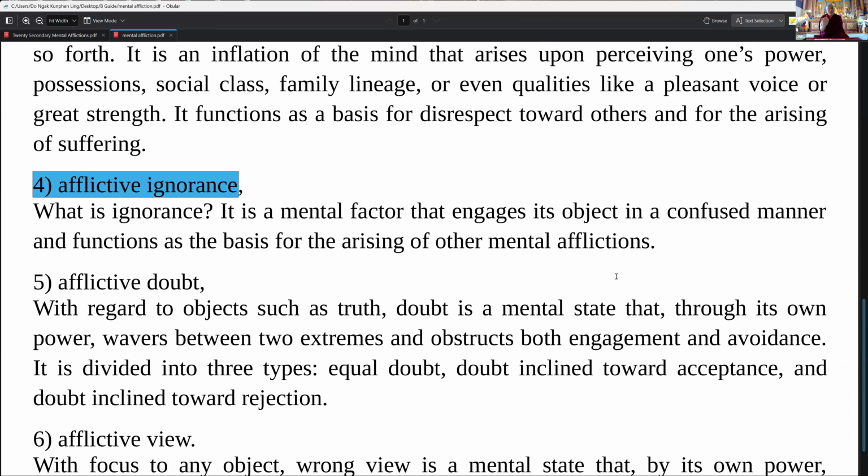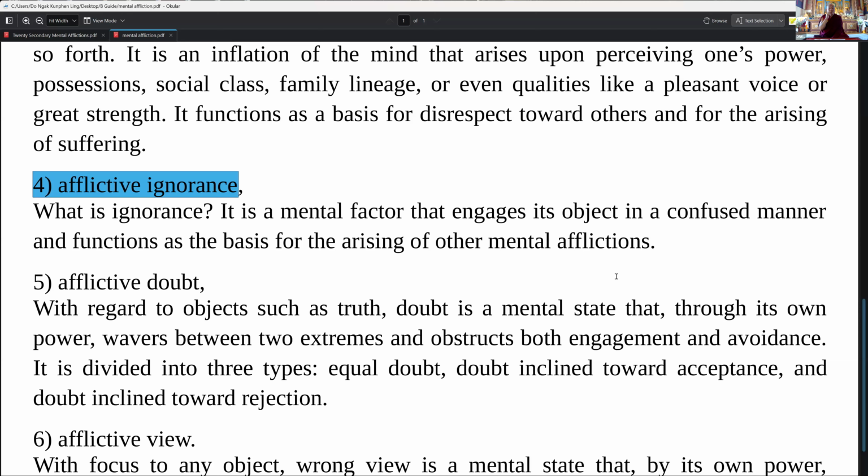The observation object of ignorance is, let's say, any object you are observing, but you do not know the reality of the object, and then you describe something out of the reality. That's the ignorance.